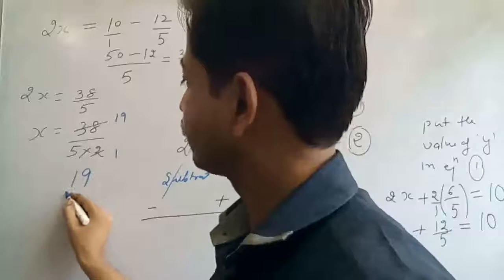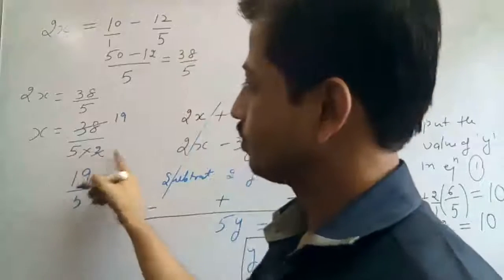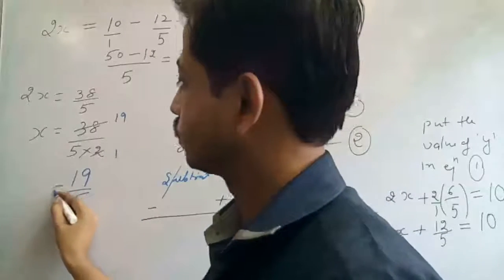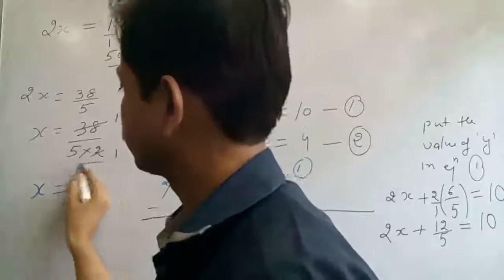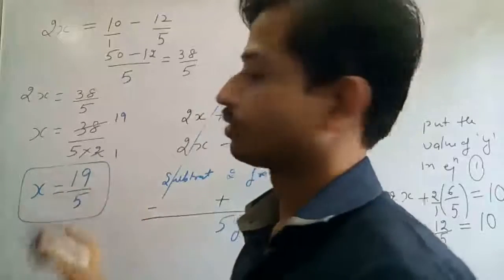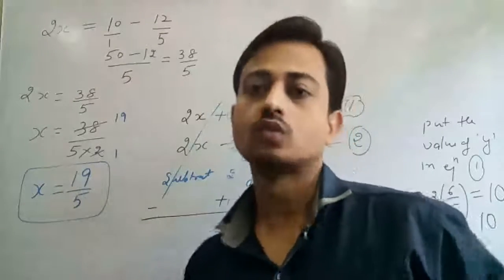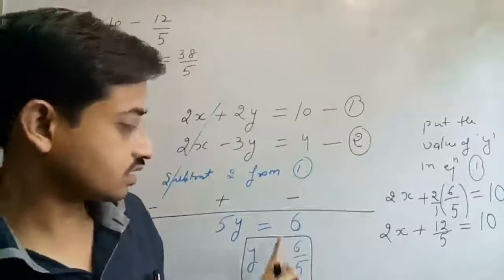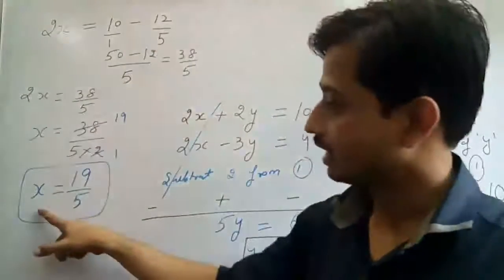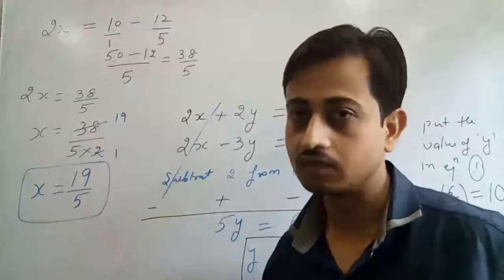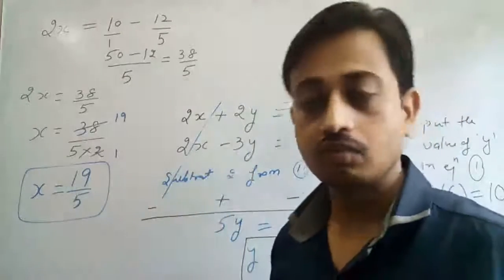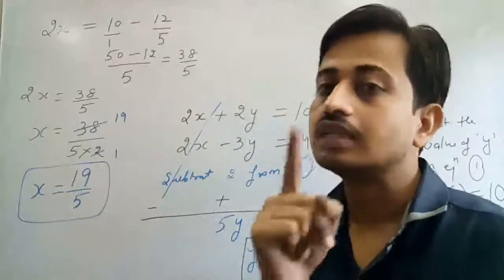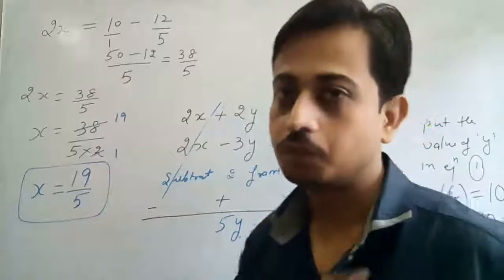I get 19 by 5. So this is the value of x. The value of y is 6 by 5 and the value of x is 19 by 5. So please make a note, and we have to do verification with the substitution method also. Please make a note.